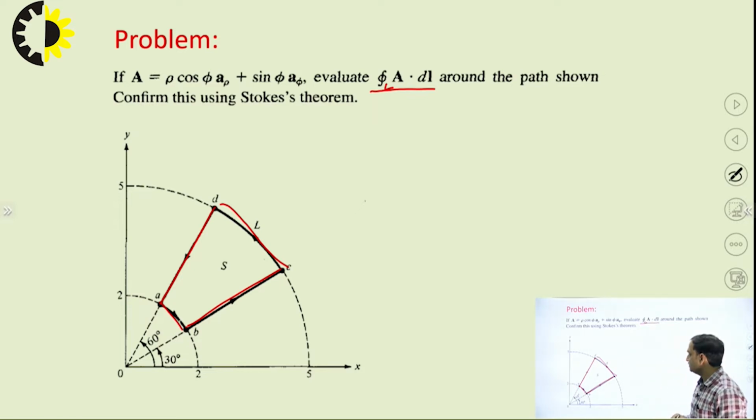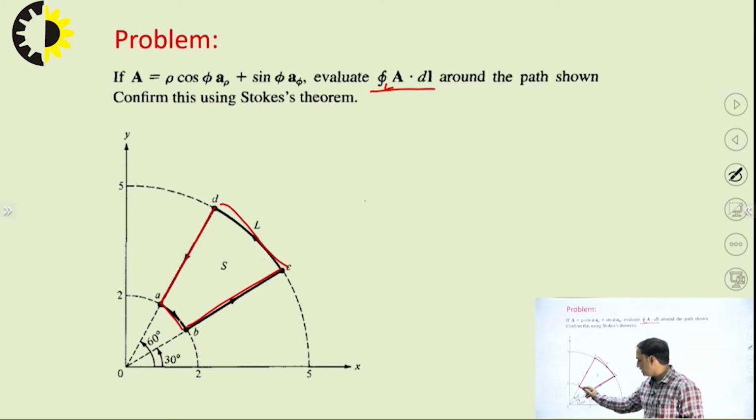First of all we have to evaluate this A dot dl, then we will confirm it with the Stokes theorem. For this case, we will take A dot dl from the A to B path, then B to C, C to D, and D to A. We will combine all these paths and add them, and after that we will get the result.